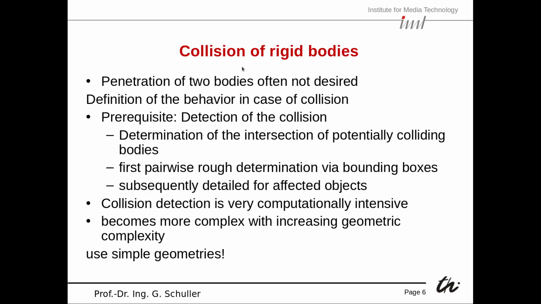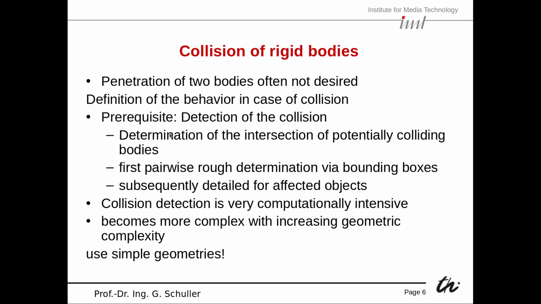Yeah, and if we have rigid bodies and two bodies collide, then the penetration of those two bodies is often not desired, right? So basically they collide and then they have some behavior in the case of collision. So prerequisite here is the detection of the collision.